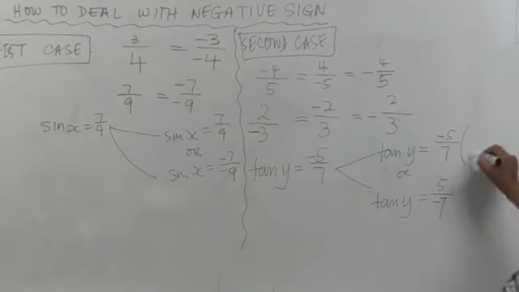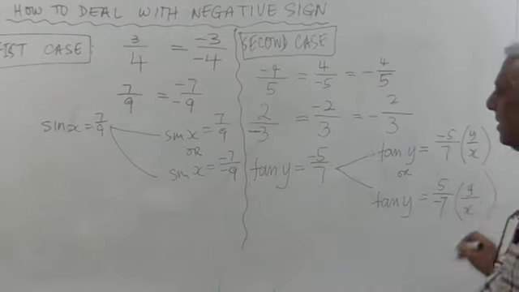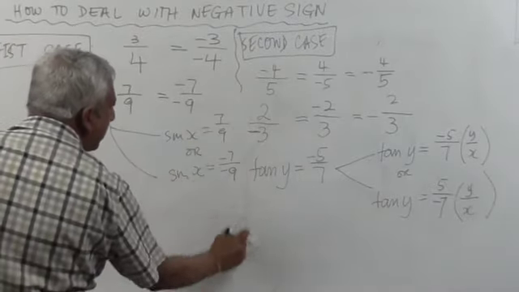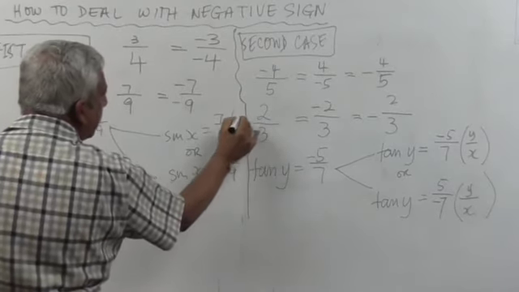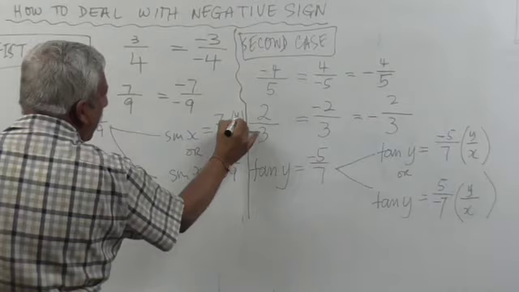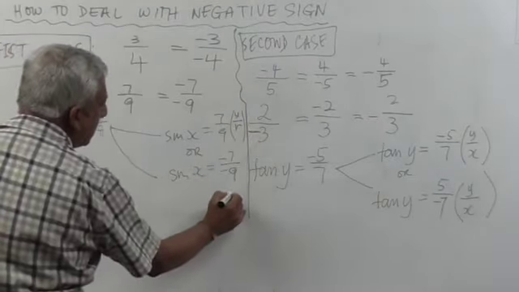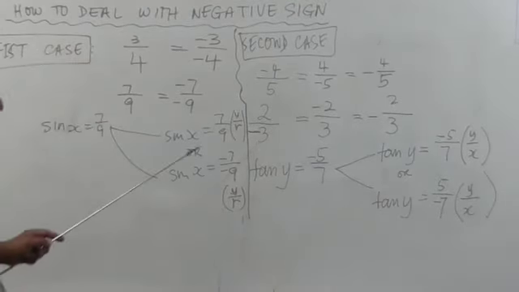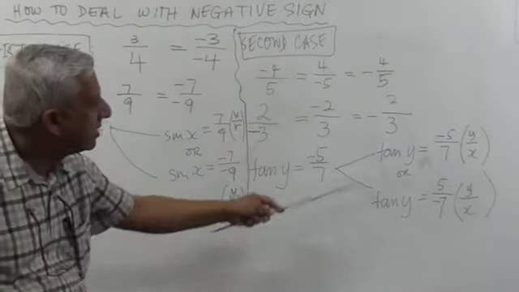And then after that I'll say, well, that is y over x, y over x. This one was sine, so I will say that this is actually y over r. This one is also y over r. You see? So from 1 I can get two answers.